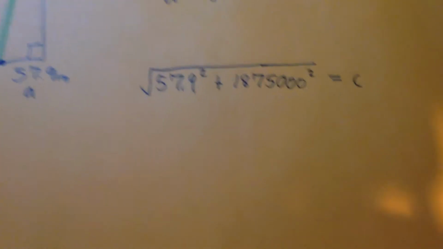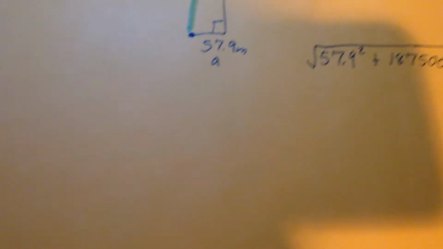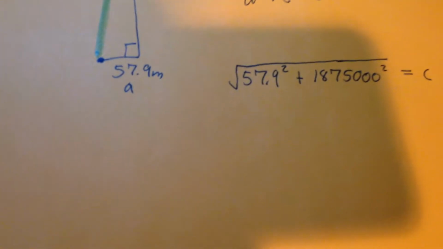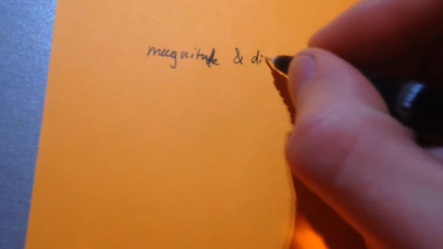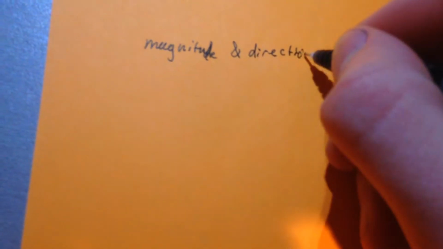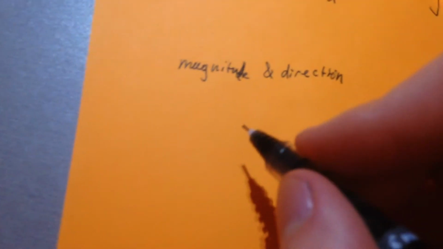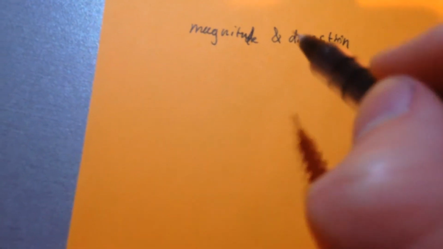Those are important. So it is a vector, which means it has magnitude and direction, which means it's doing something and it's doing it in a particular way.